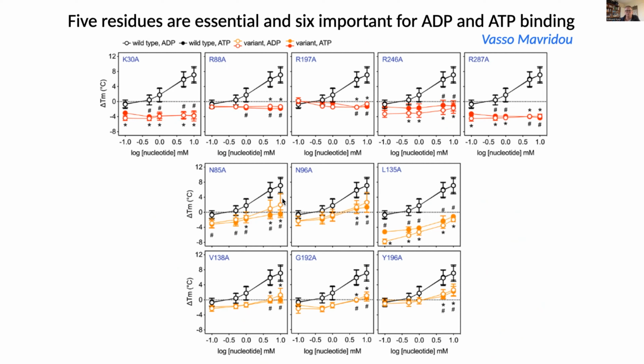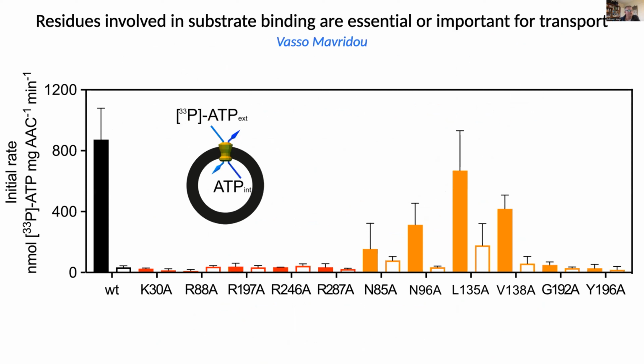for substrate binding. So it turns out of all the 36 mutations, only 11 of them are involved in substrate binding. And it turns out also, if you then do transport assays, measured by using a radioactive exchange method, what Vaso could show is that for the 5 mutations that are deemed to be essential, indeed, the transport rate is completely abolished.